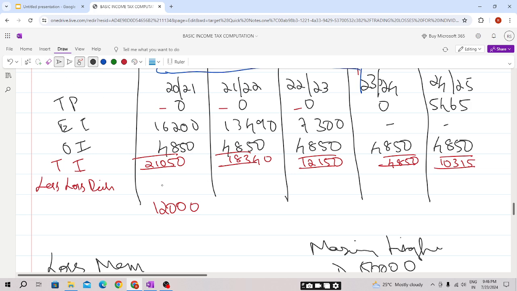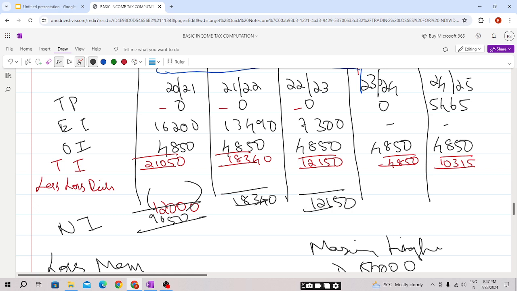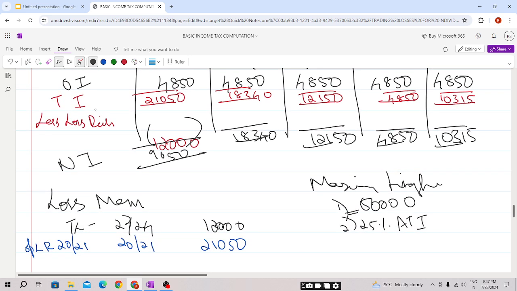So 12,000 we can reduce. So our net income here will be 9,050. Here, same, no relief. In the loss memorandum, students, the whole amount is available, but our loss is lower than this, so we can claim the whole 12,000. I hope this is clear.